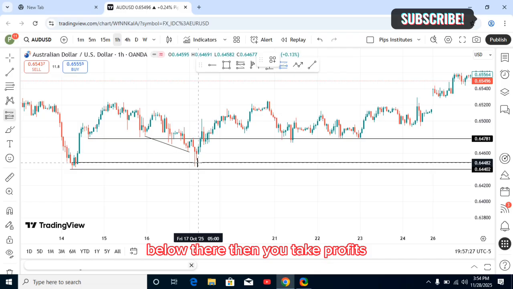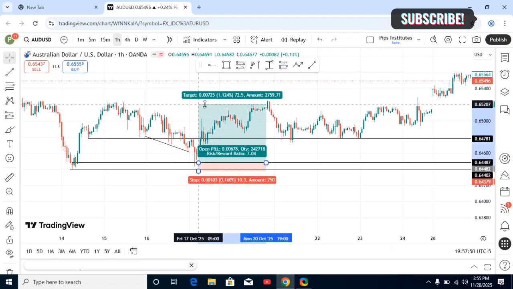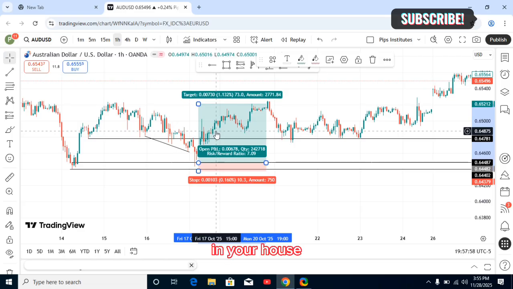Then take profits. You can choose to take profits at this high, right there. That's 1 to 7. You see, 1 to 7. So that's number one example of this.